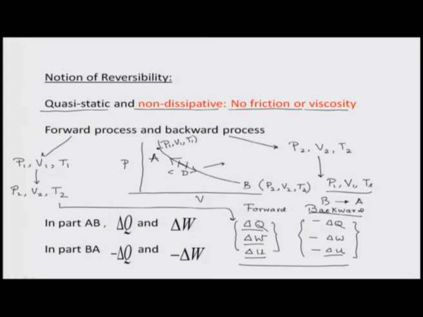In this small part, again I have delta Q, delta W and delta U. I can go from C to D or D to C. The same equivalence, that delta Q goes to minus delta Q, delta W goes to minus delta W and delta U goes to minus delta U in the backward process, holds true.